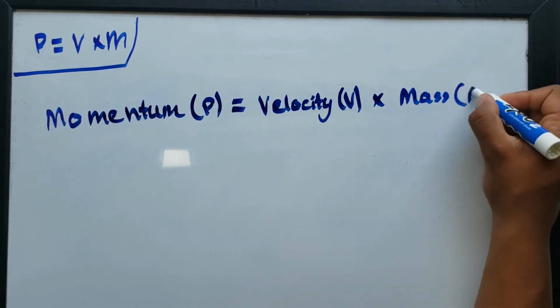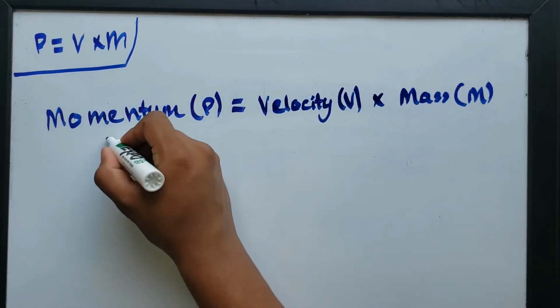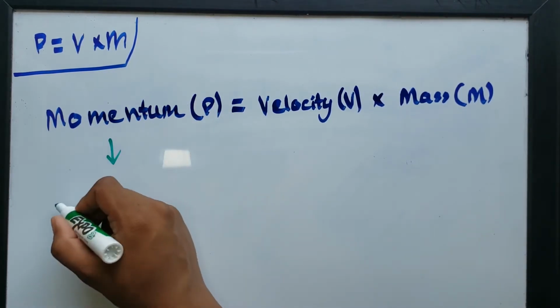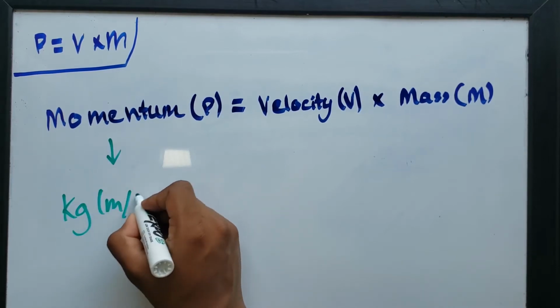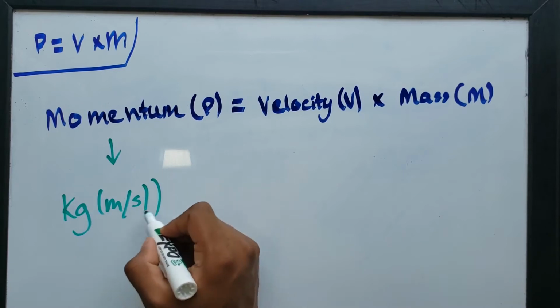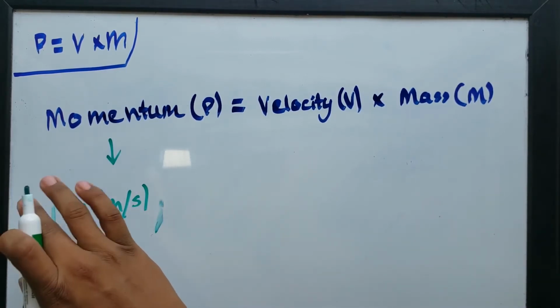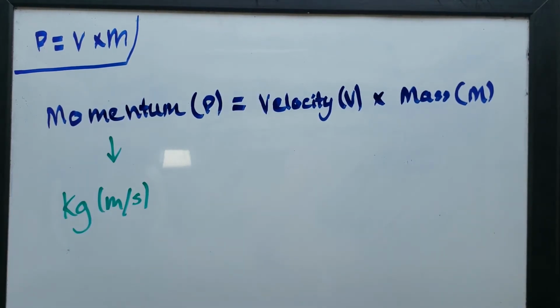which is obviously M. To break these down into simpler terms, the unit for momentum is kilograms meters per second. I usually like using brackets outside because it makes things more segregated, more understandable for me, but this is how you usually express momentum.